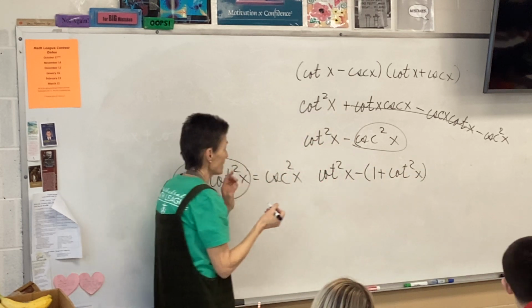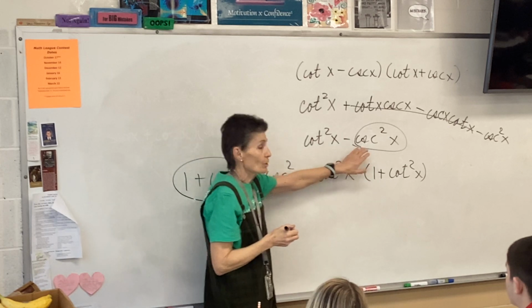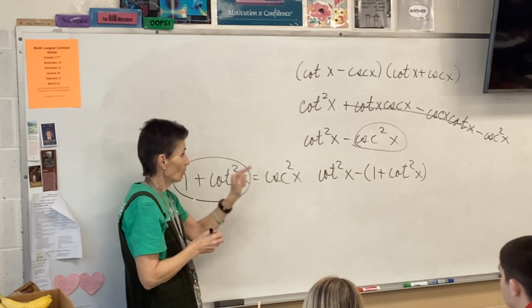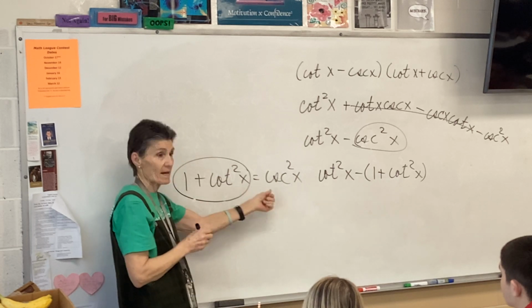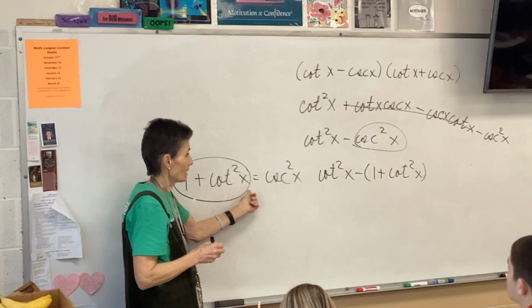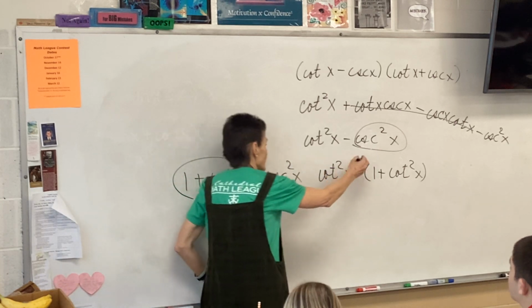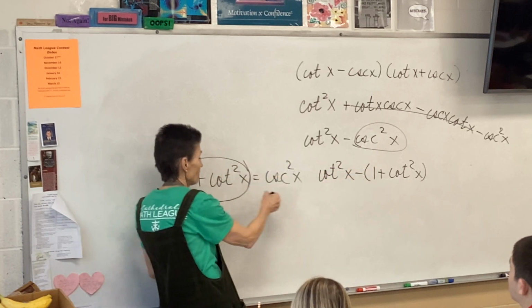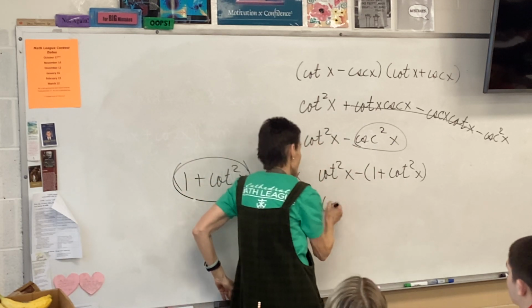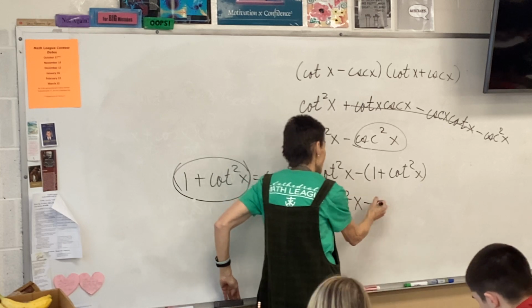So I am going to substitute for the cosecant squared. I'm going to substitute 1 plus cotangent squared because that's on my sheet. Now these parentheses are necessary because I'm subtracting. So I'm going to be subtracting each piece.